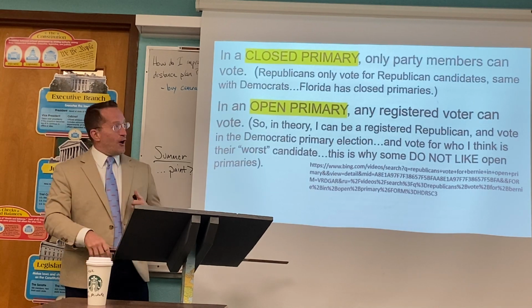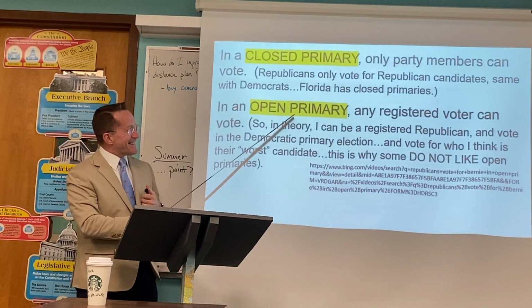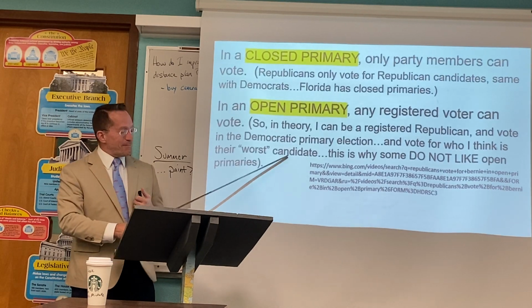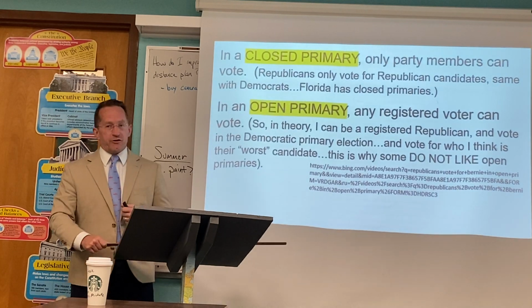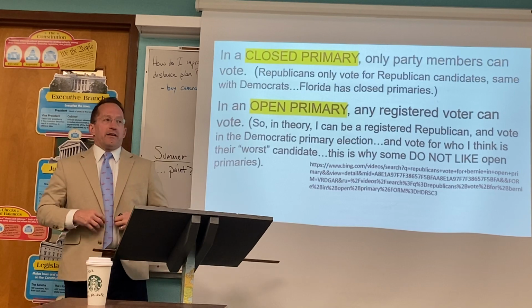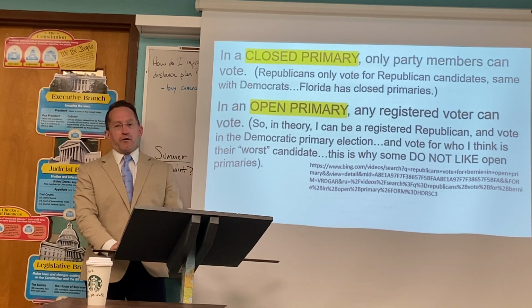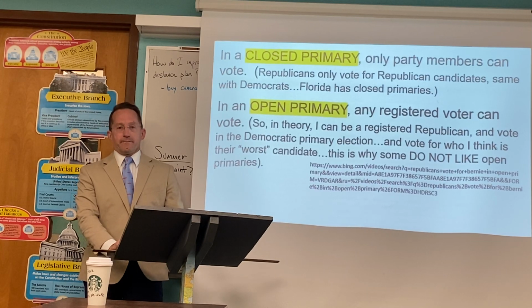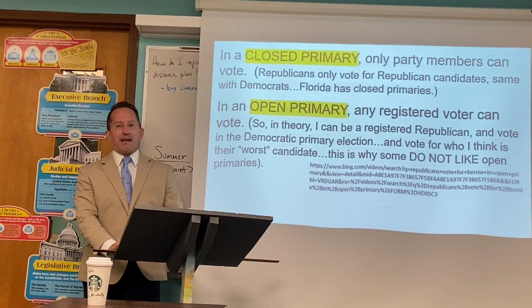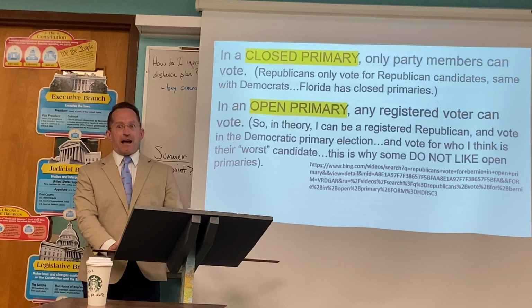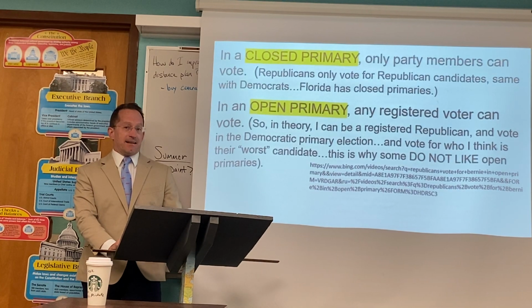Closed makes sense. Open is problematic. And I describe it in here, and there's a link which I want you to look at. South Carolina has an open primary. As long as you're a registered voter, you can vote for whoever you want. So what Republicans were doing in South Carolina was voting in the Democratic primary and trying to vote for the weakest candidate they thought they had.